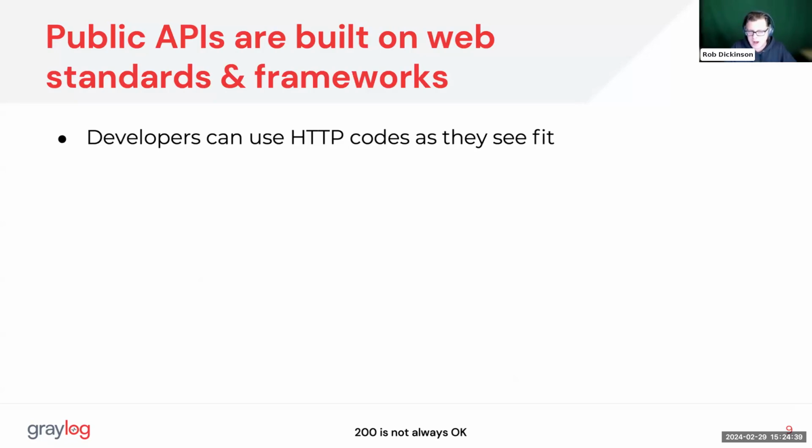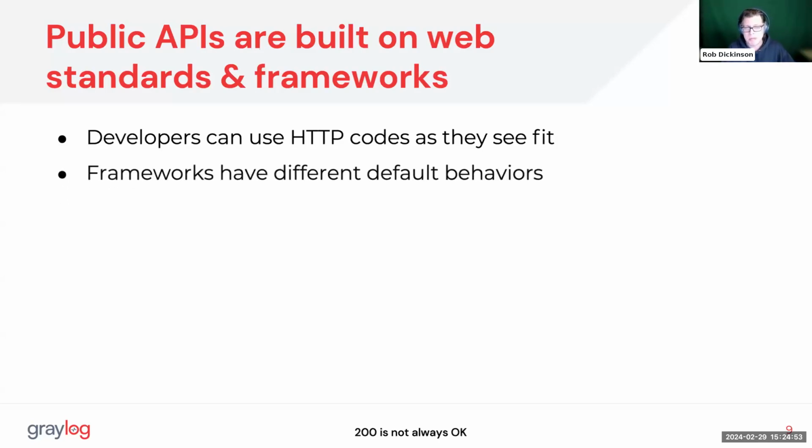Development still gets to define success in terms of those response codes as they want to. There's no canonical way to do that. And there are different schools of thought about what the convention should be. Even the frameworks that you use may have different default behaviors about how those response codes are used and what the appropriate client behavior is that goes along with that.